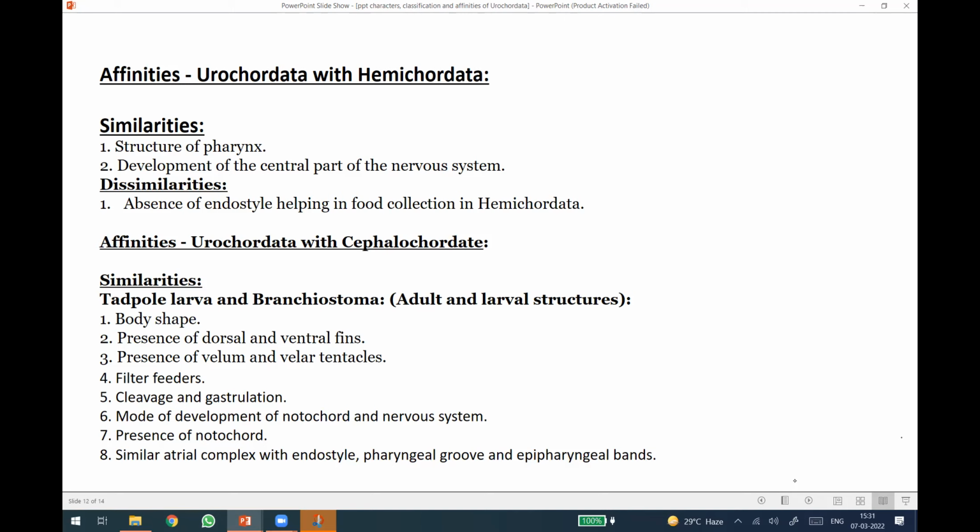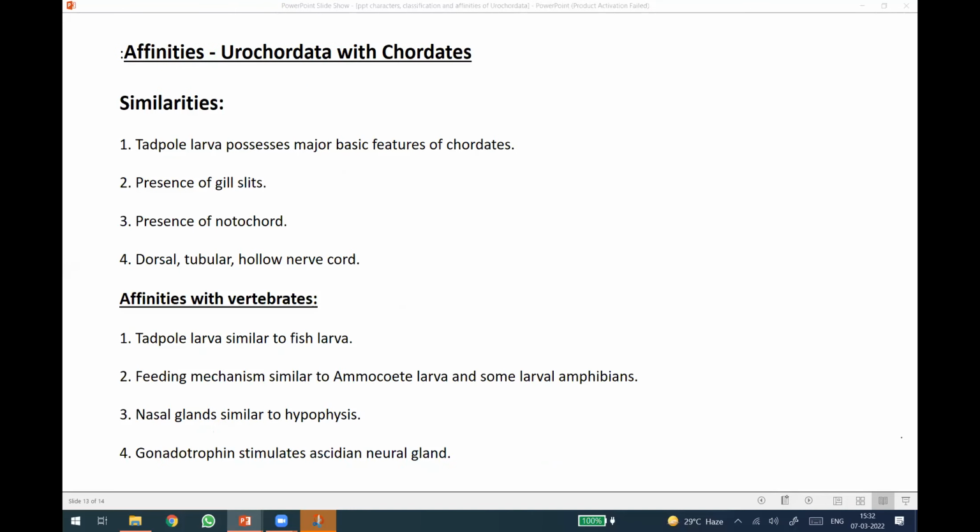Urochordata का larva ज़्यादा Cephalochordata से resemble करता है in body shape, presence of dorsal and ventral fins, presence of velum and velar tentacles, filter feeders, cleavage and gastrulation बहुत ज़्यादा similar होता है, mode of development of notochord and nervous system, presence of notochord, similar arterial complex with endostyle, pharyngeal groove and epipharyngeal bands. These are the characters which show close affinities of Urochordata with Cephalochordata.